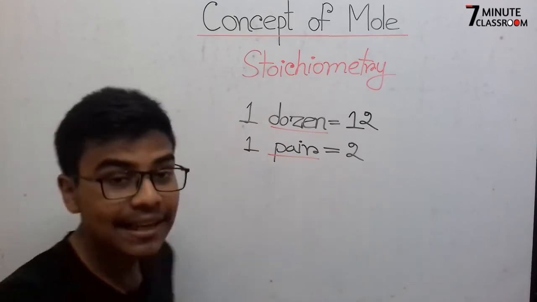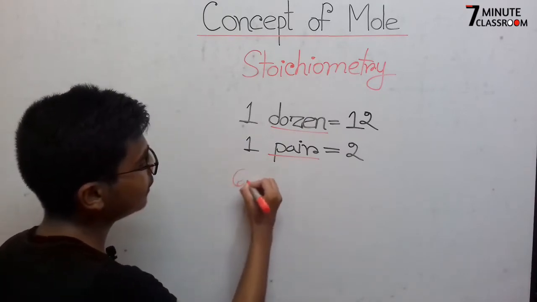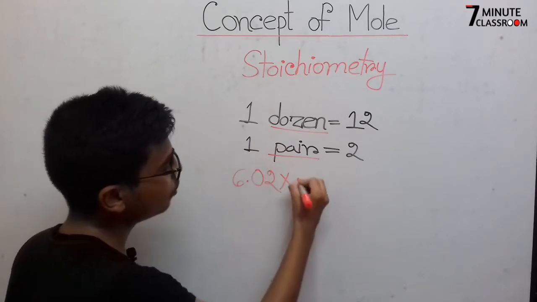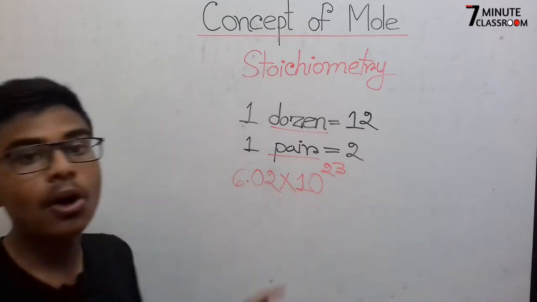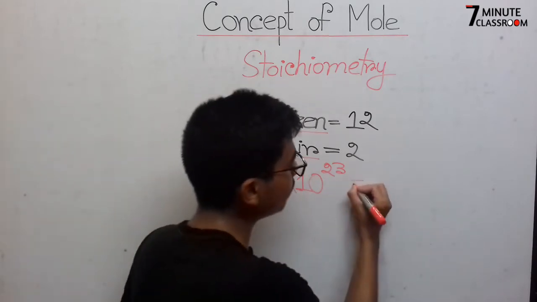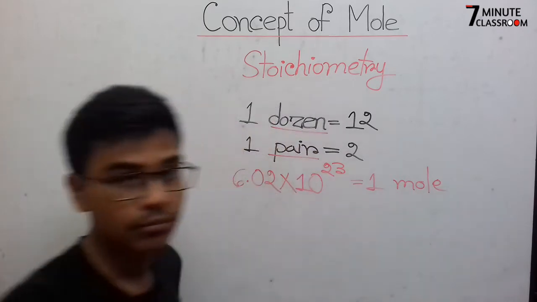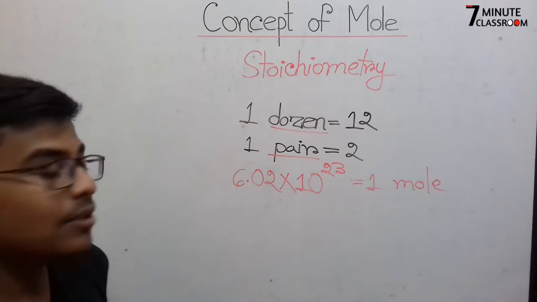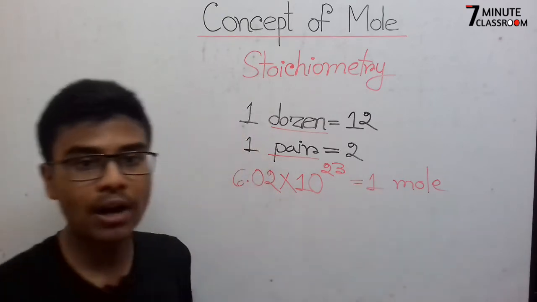And then there is a number that is 6.02 into 10 to the power 23. This number of a substance is equal to 1 mole. That means this amount of some element or substance is known as 1 mole. So this is what 1 mole is.